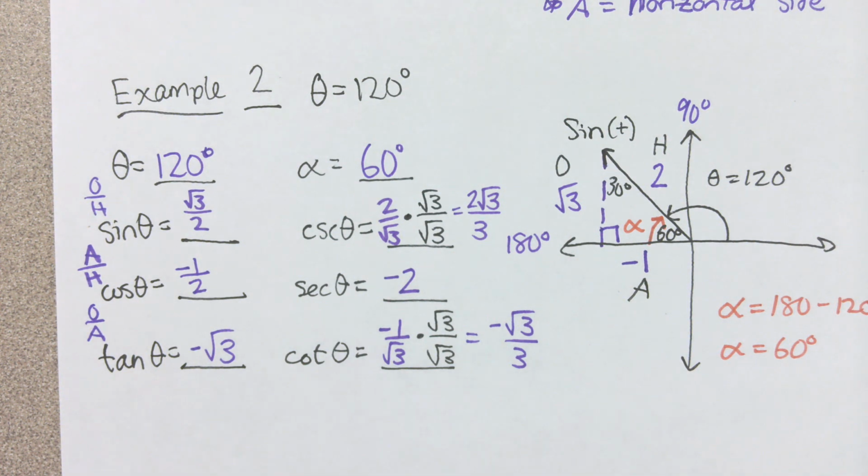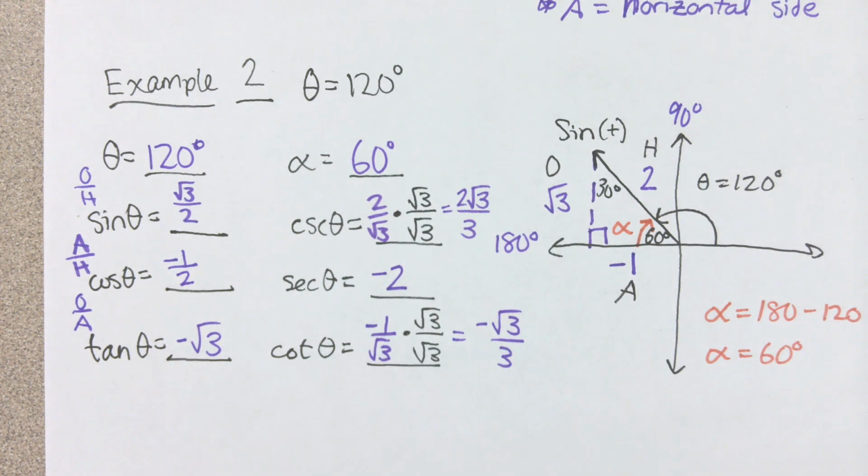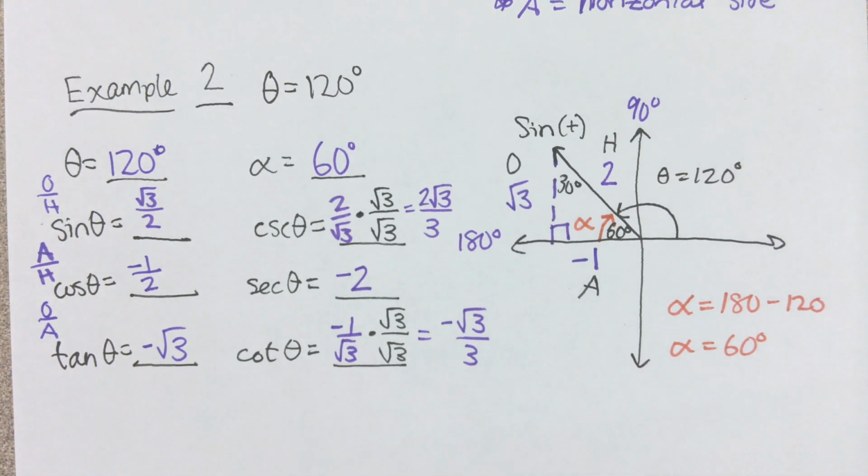This is how you catch your mistake if you forget to label one of these as negative, for instance, or if you mislabel something as negative that's actually positive. Nine times out of ten, this rule is going to catch that mistake. It's just something to be aware of. Any further questions on this problem?